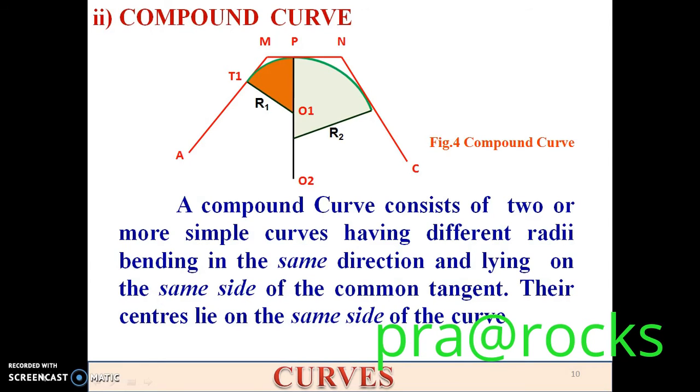If we draw a common tangent to the two curves from which this compound curve is made, here from the figure, MN is the common tangent, and we can see both of these curves with different radii are lying on the same side. That means the centers of the two curves are lying on the same side of the common tangent. Okay, so that's about the compound curve.